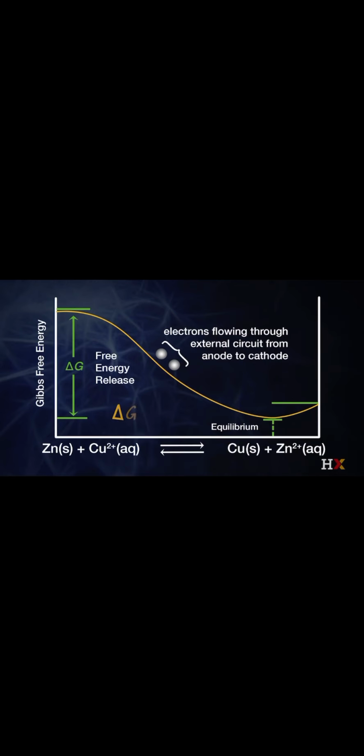So just to remind ourselves, that means that the Gibbs free energy delta G is less than 0, which is a spontaneous reaction converting zinc metal and the copper cation to copper metal and the zinc cation. So we've now solved the problem, and in fact those electrons move from the zinc 2+ solution to the copper 2+ solution.